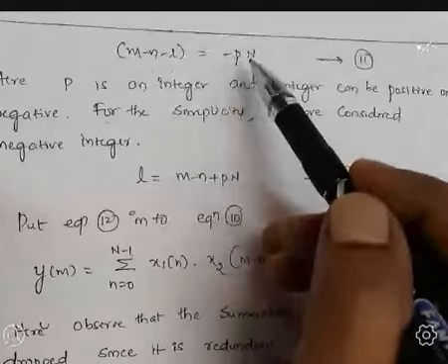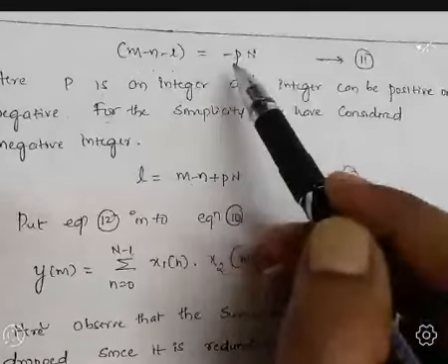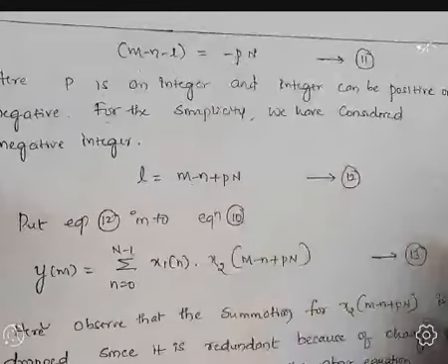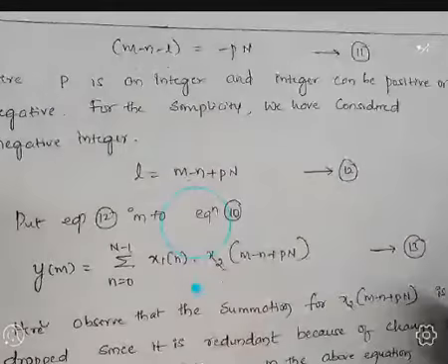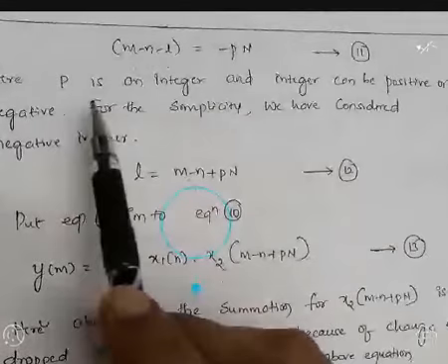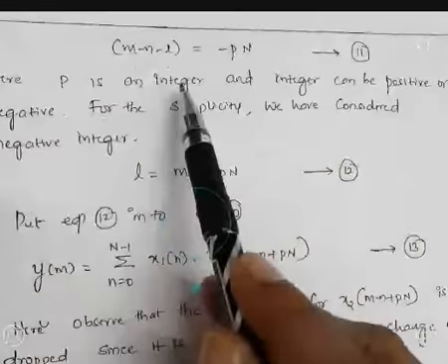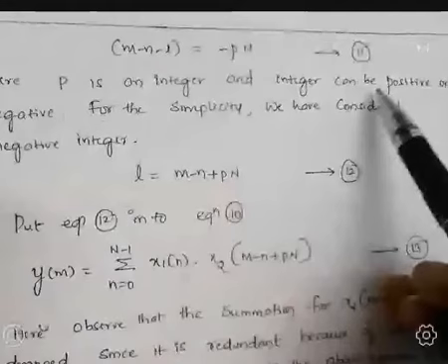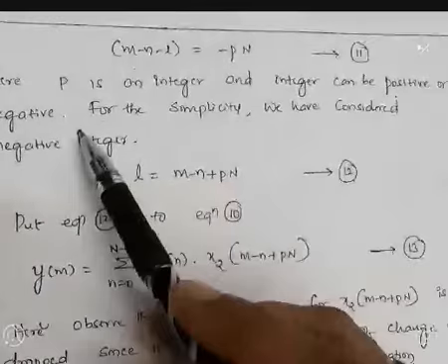I have taken minus p into N. The reason for taking the negative integer is that p is an integer, and an integer can be positive or negative. For simplicity, we have taken the negative integer here.